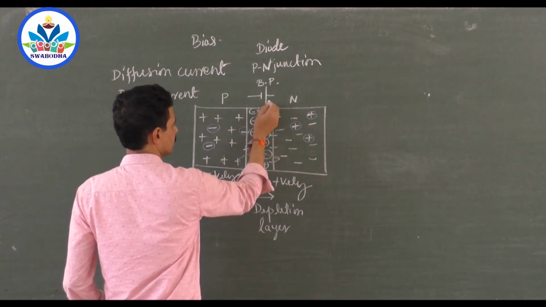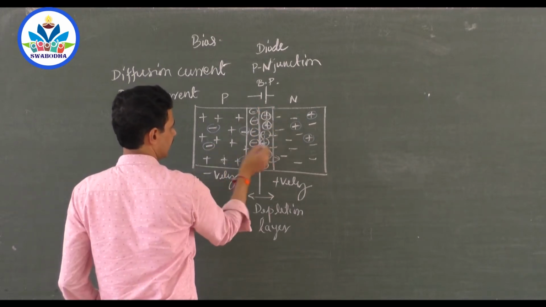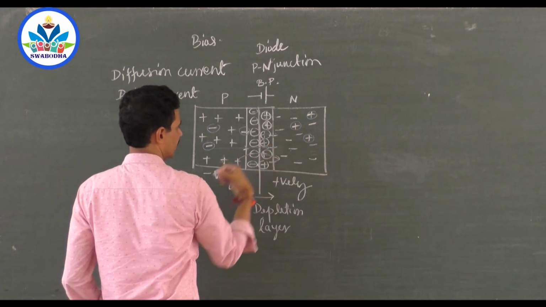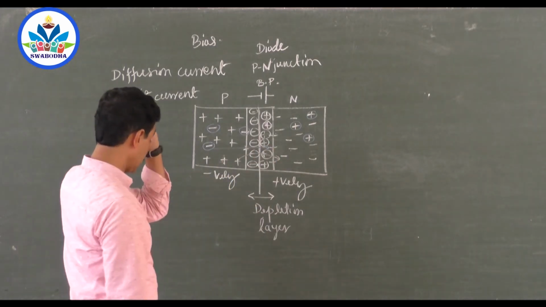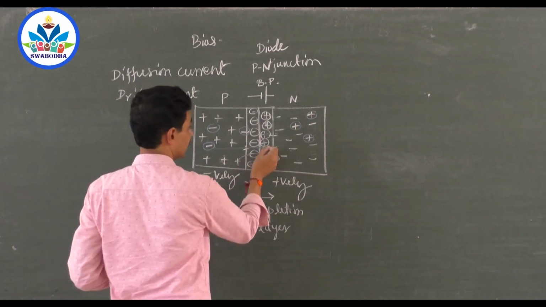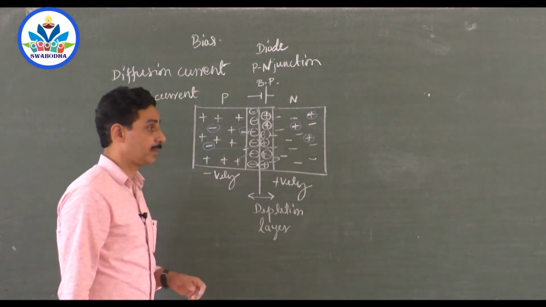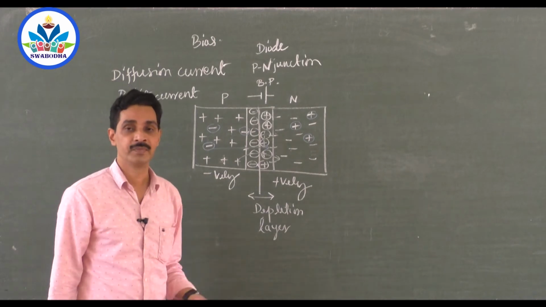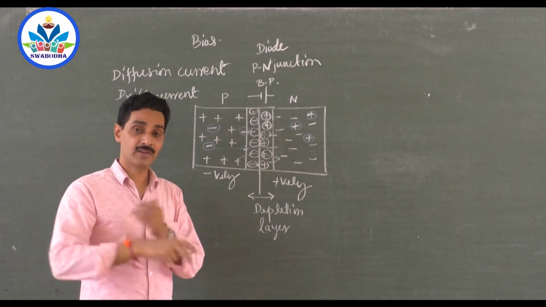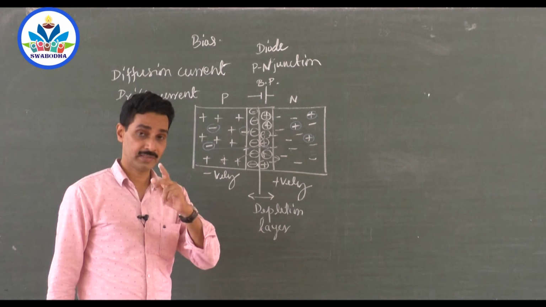This positive on the other side will attract the minority electrons. So electrons can move because the other side positive may attract them, and these positive charges may move here. So because of the barrier potential developed, the minority carriers can cross the junction.